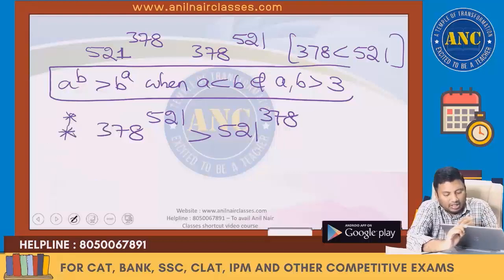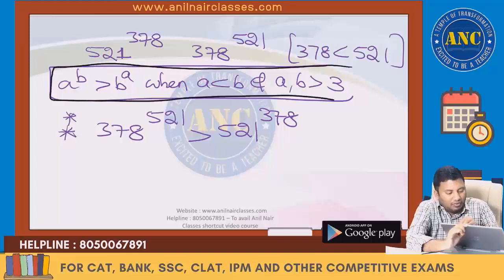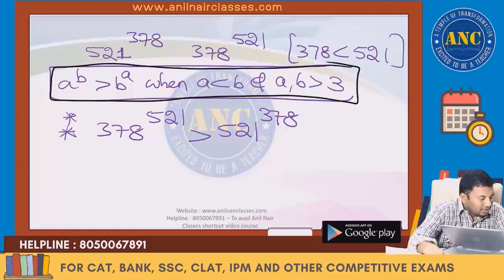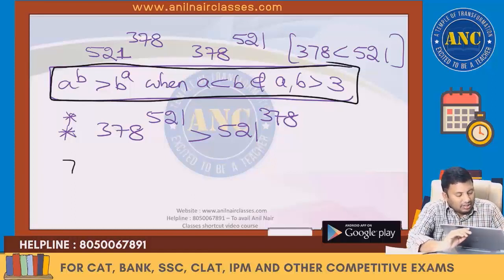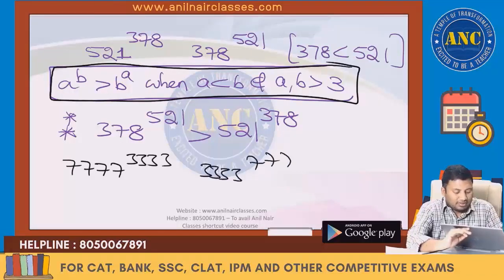Extremely important concept. A power B is greater than B power A when A is less than B and A, B greater than 3. The number is 77777 power 33333 and 33333 power 77777.